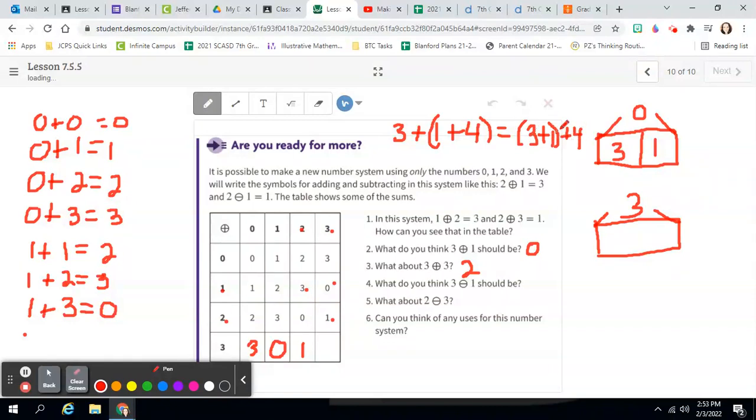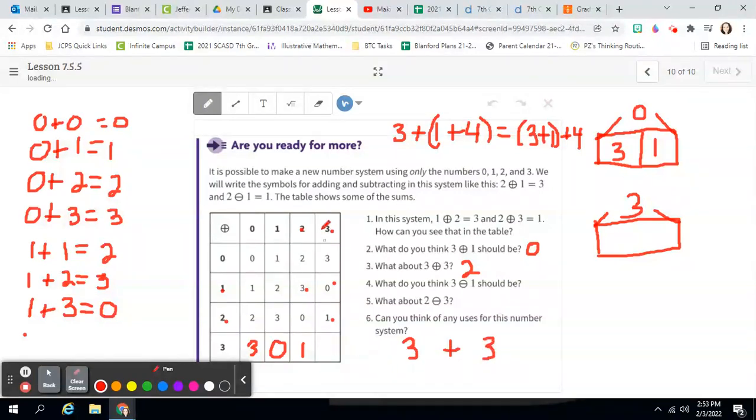So we can switch all these around with addition. I'm going to use that for 3 plus 3. Here's how I'm going to do this. I know that for this number system, 3 plus 3.